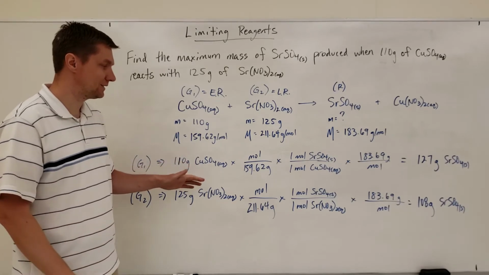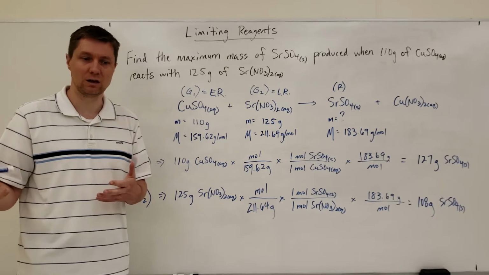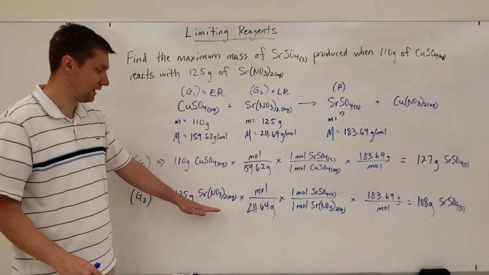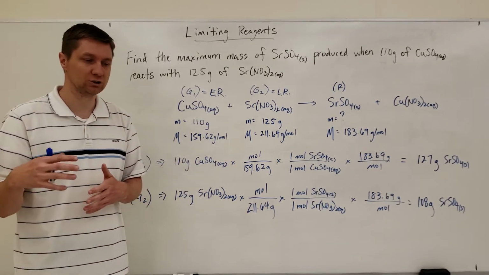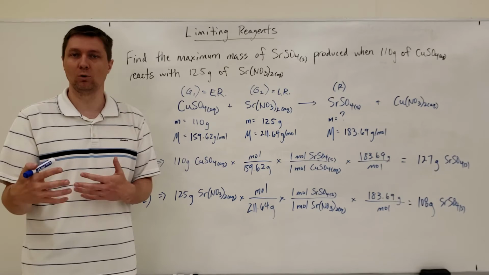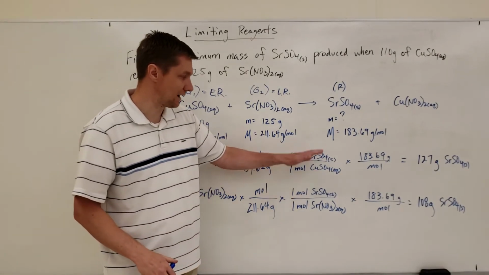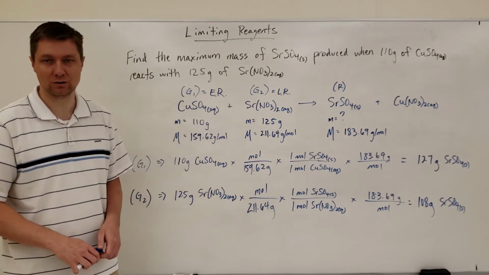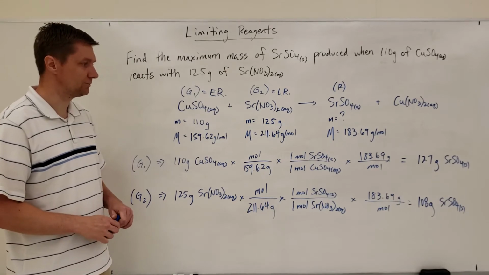And so using masses is not a good way of determining limiting and excess reagents, because yeah, I might have a mass of this substance here and a mass of this substance here, but these substances have different molar masses, which is going to change how many moles of each of those substances I'm going to have. And if this is reacting at a 1-to-1 ratio, then the amount of moles that I'm going to have is going to be the thing that's going to dictate how much is made.